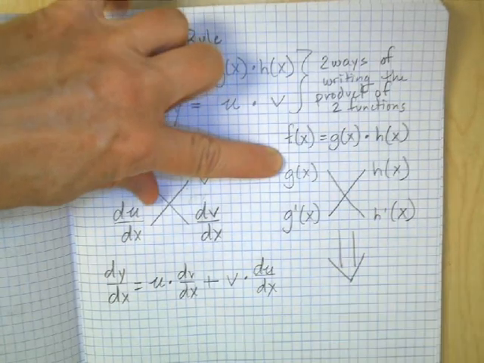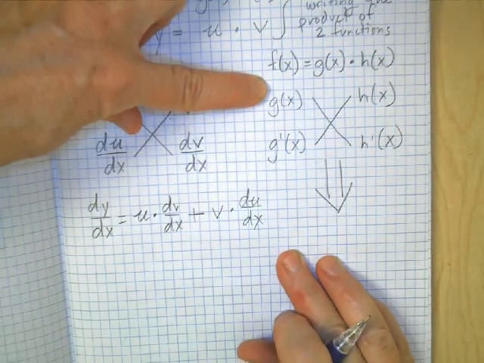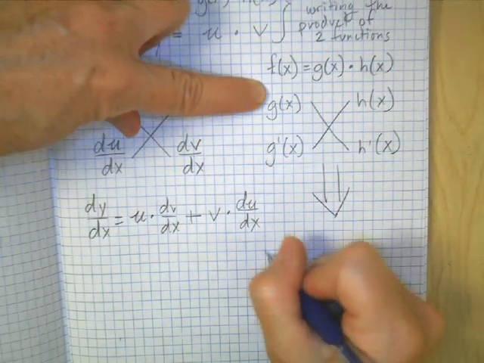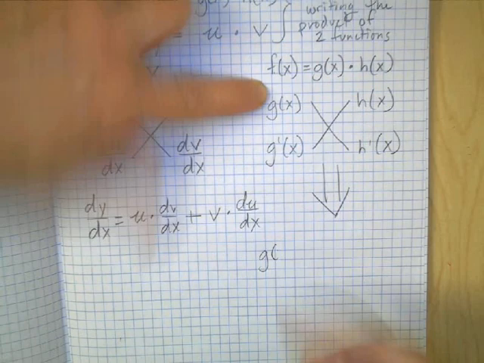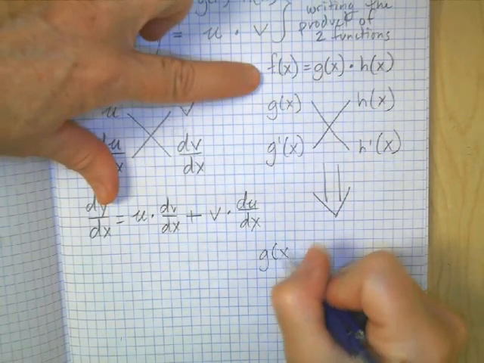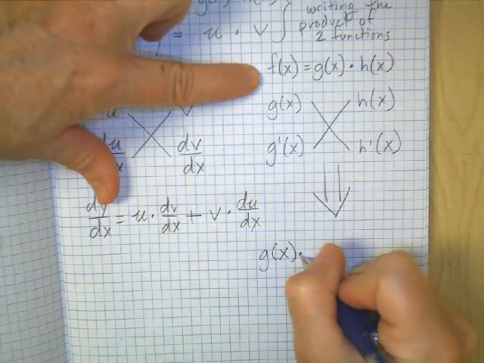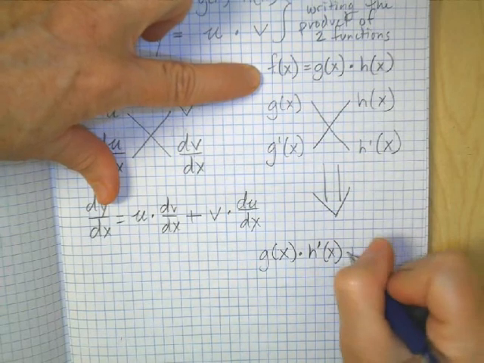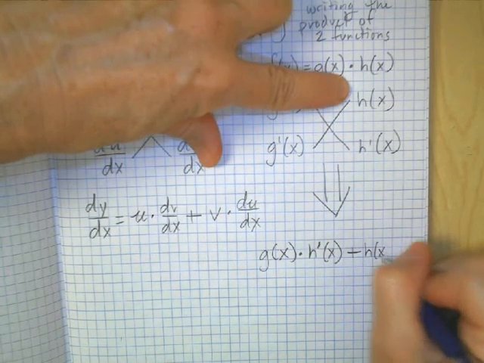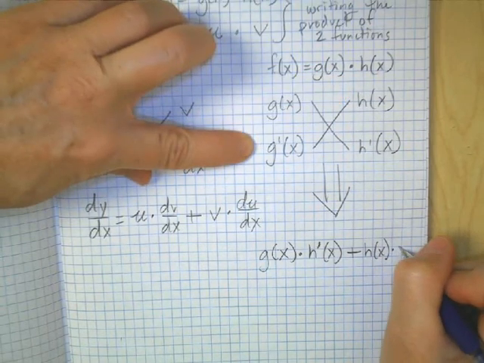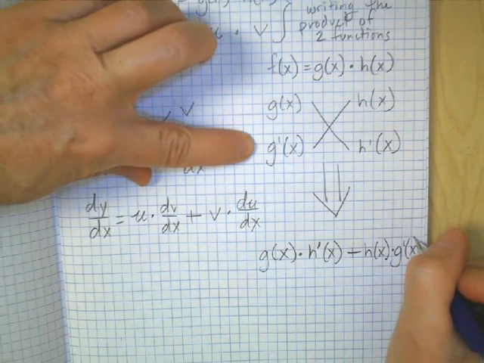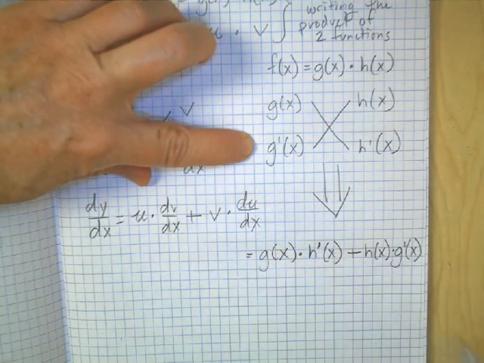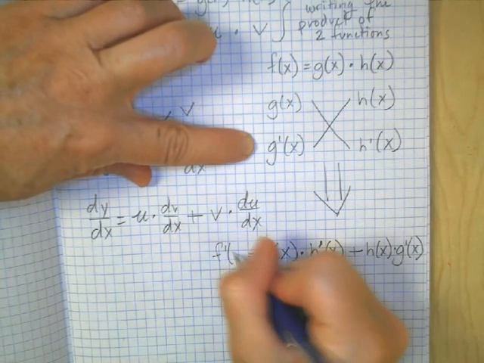I'm going to put it down here. Okay, so I would have g of x times the derivative of the second function plus the second function times the derivative of the first function. And that would be the derivative of the whole thing.